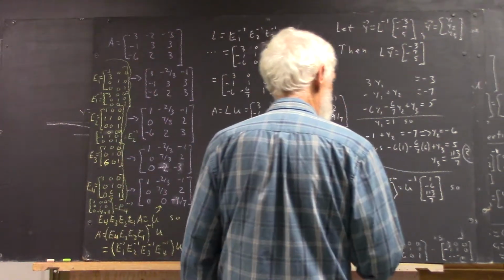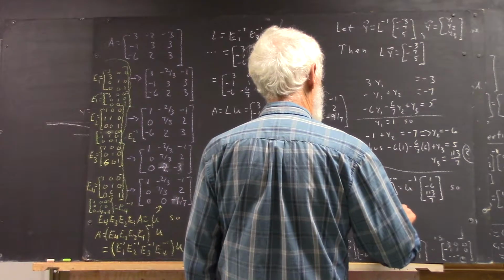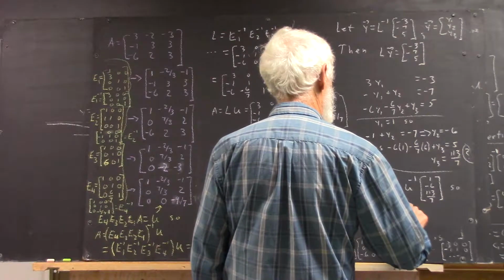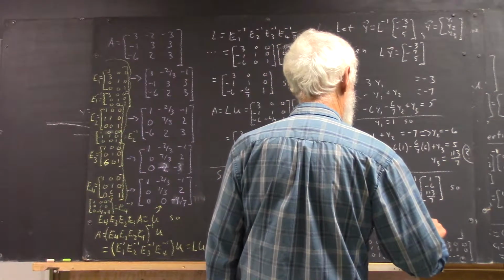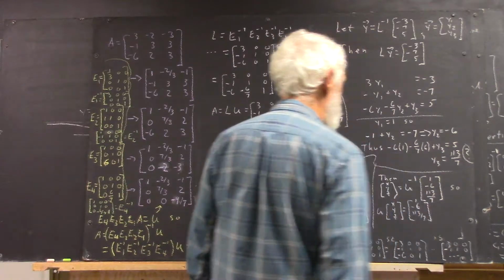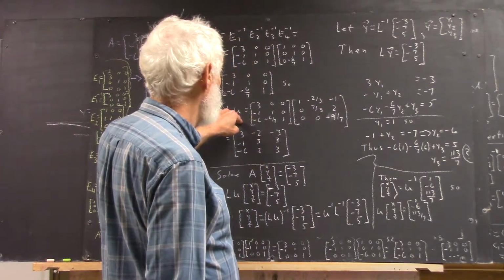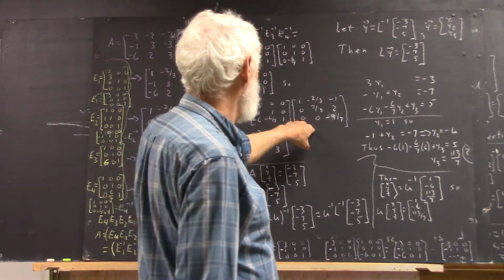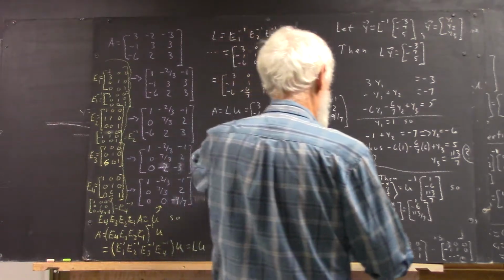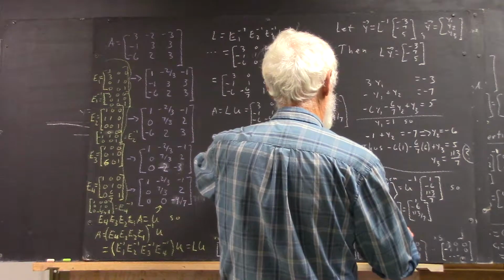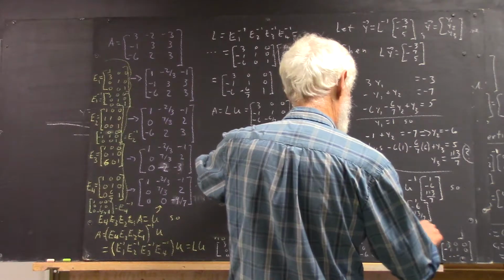So U times X, Y, Z equals this. U is upper triangular. Right there it is. So this gives us the equations: X minus 2/3 Y minus Z equals 1.